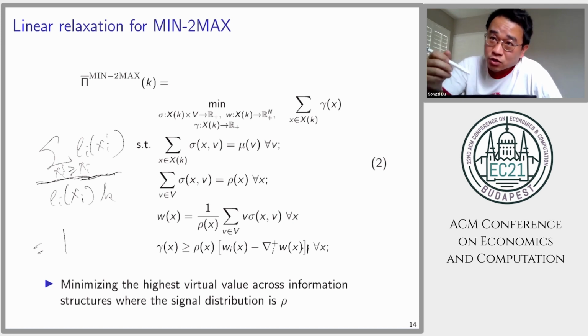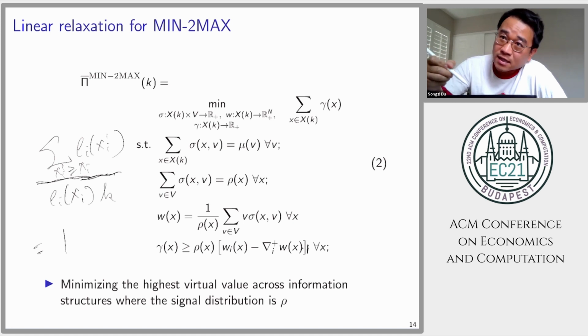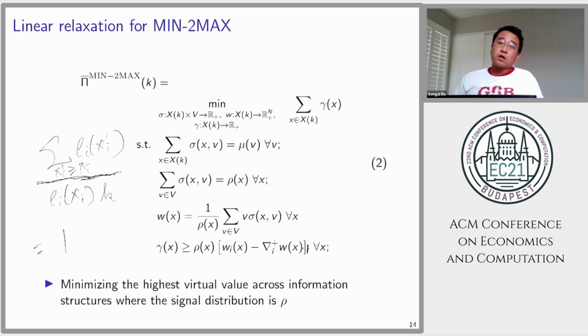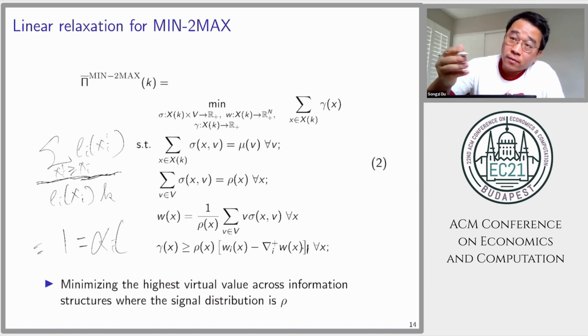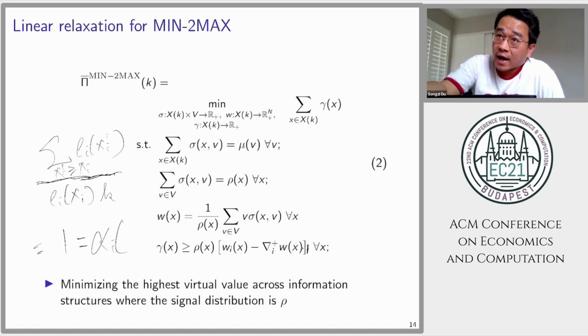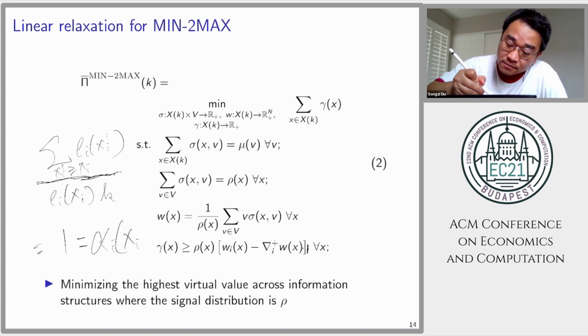So here already you can see there is some relationship between this program and the previous program. Remember, in the first lecture I talked about the dual perspective on Bulow and Klemperer: in the dual formulation, the optimal multiplier on the local IC constraint is exactly the inverse hazard rate.